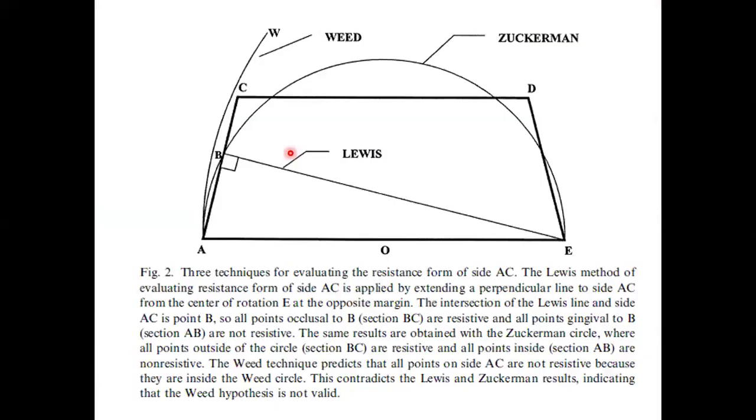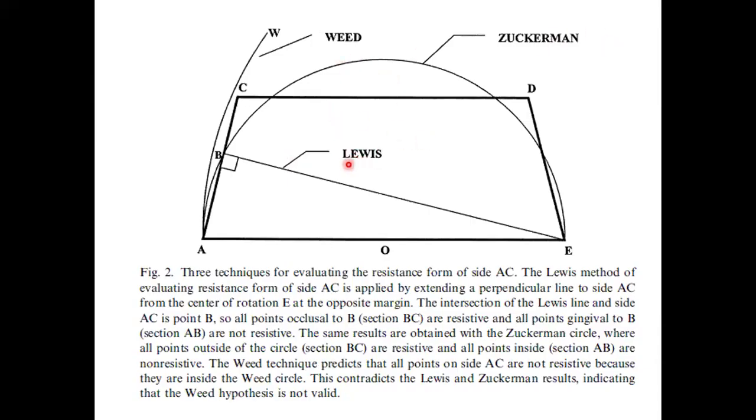When we discuss crown preparation, the main thing we should note is the resistance form. That is, once you prepare and give a crown, your crown should not dislodge. So till what angulation I can go, or till what level I can keep the preparation, was given by Dr. Lewis and Zuckerman.